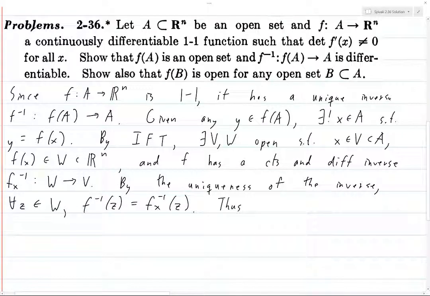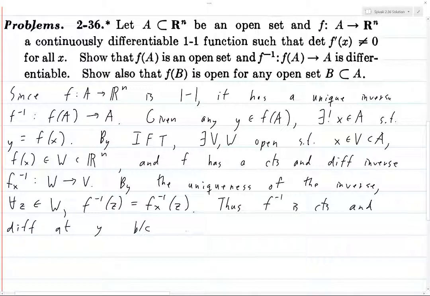Thus, f is continuous and thus f inverse is continuous and differentiable at y, because f is.